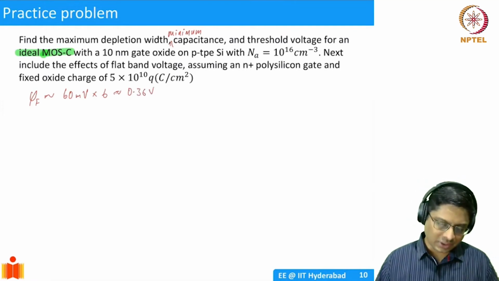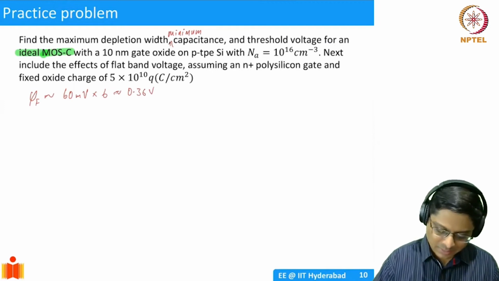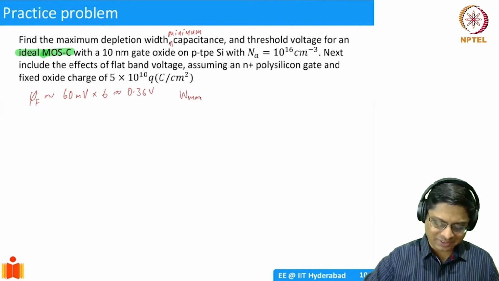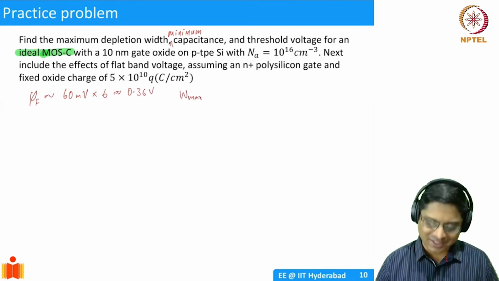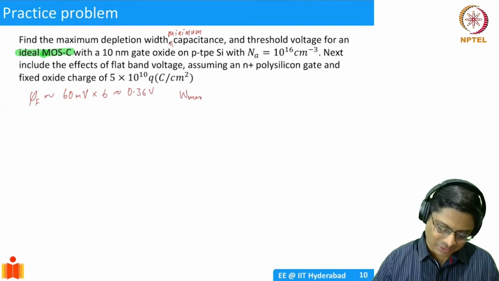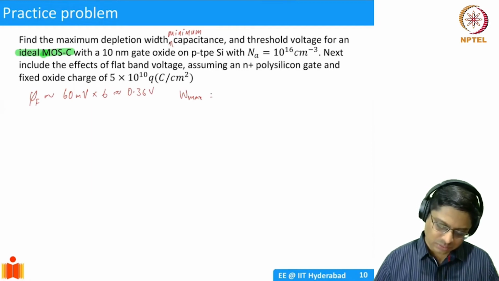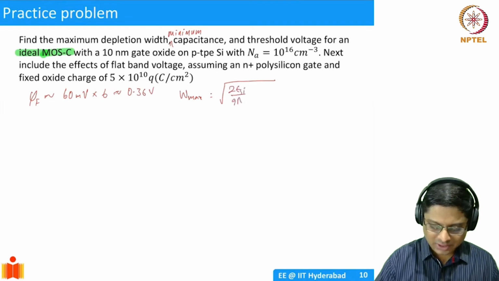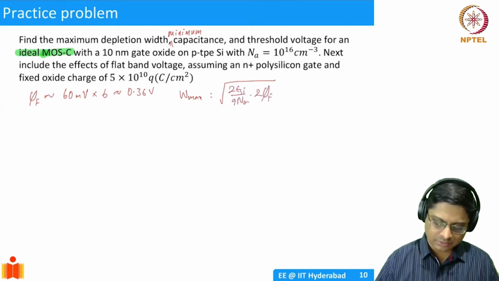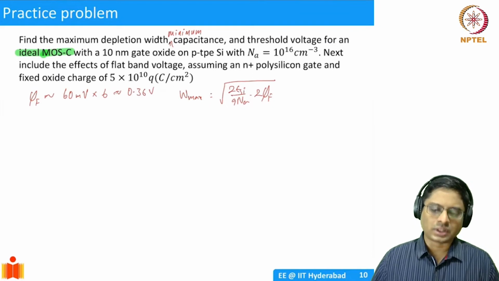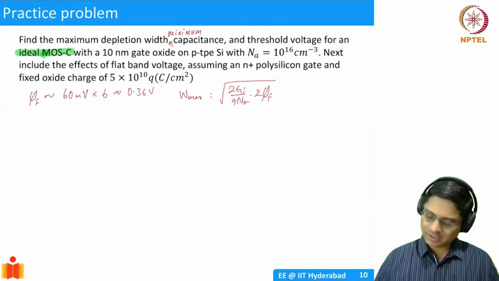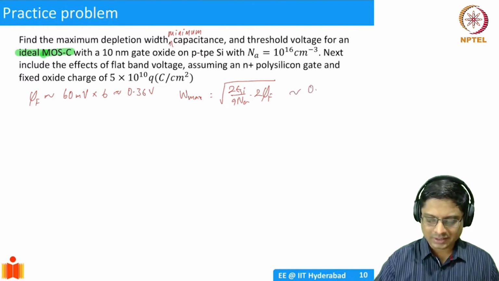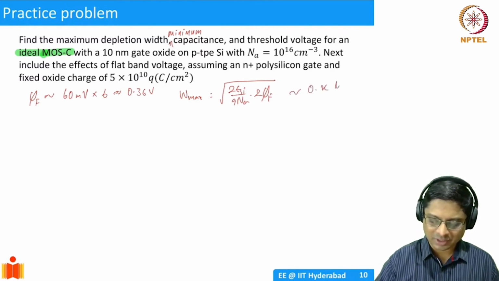Once I know phi f, I know my maximum depletion width. This problem is nice in a way that you just follow the sequence of parameters they are asking and you will get them. So W max should be equal to 2 times epsilon silicon divided by QNA times 2 times phi f. You'll solve it. It will be something in the range of 0.x microns, micrometers.